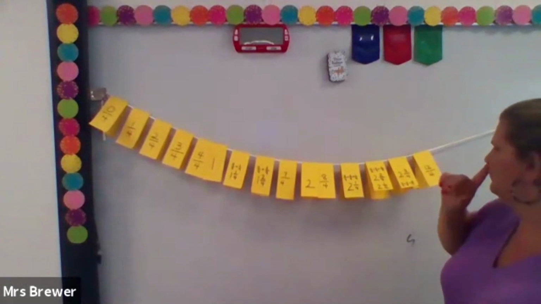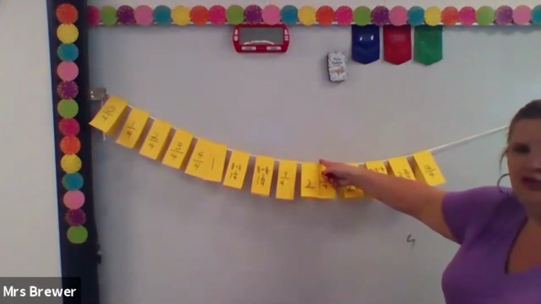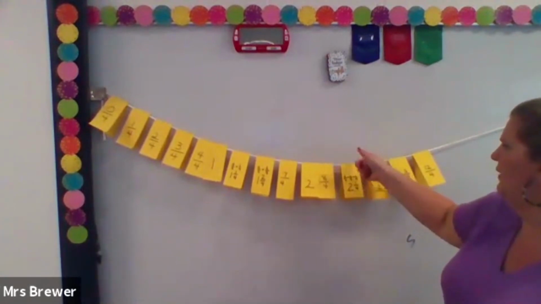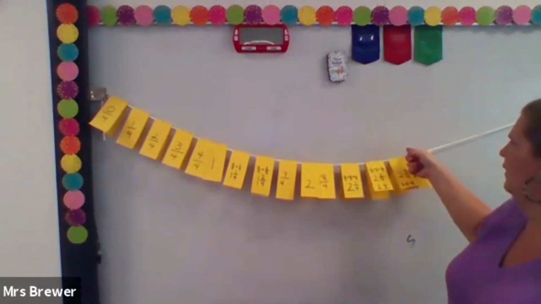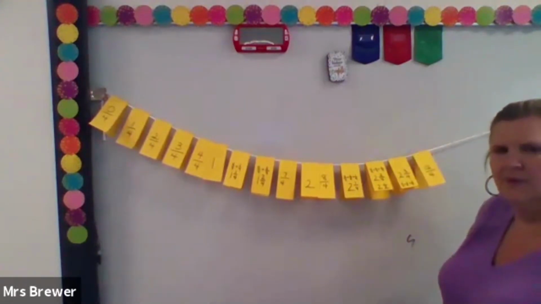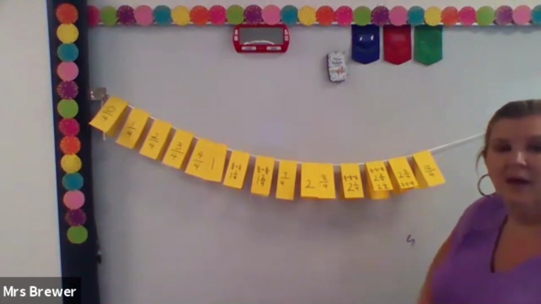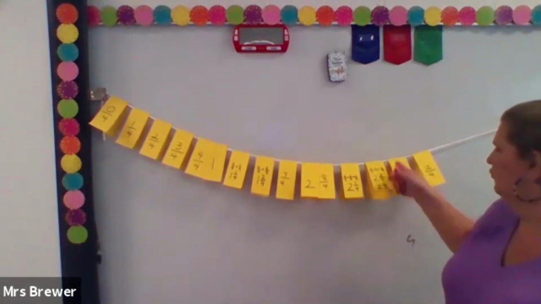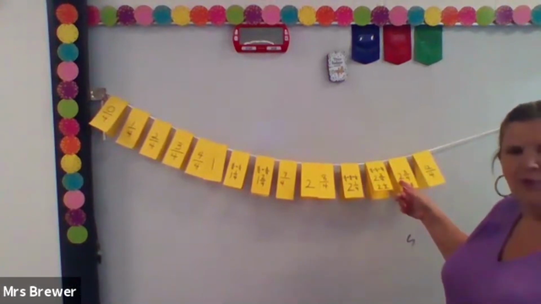So this was 2. And how many more fourths did we go? 1, 2, 3, 4/4. What do we know 4/4 is equivalent to? 1, right? 1 whole. So 2 3/4.